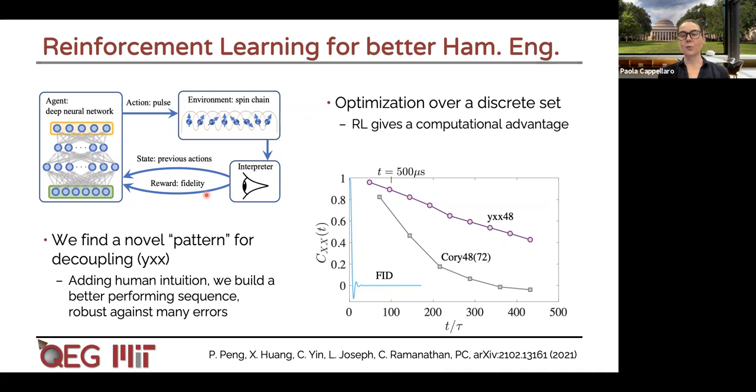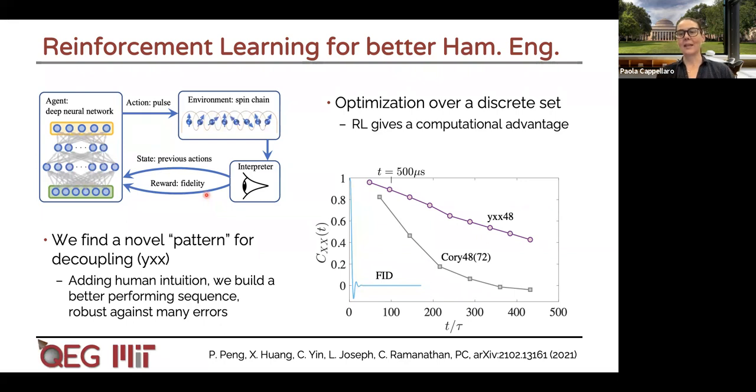Here we found a pattern which is different from that one. In particular, we found that the RL algorithm gives preference to having an additional pulse, which was not found in the typical NMR sequences. There is, of course, a reason, because people in NMR were always trying to look at the stroboscopic evolution, so they needed some window in between the pulses in order to be able to look at the dynamics.